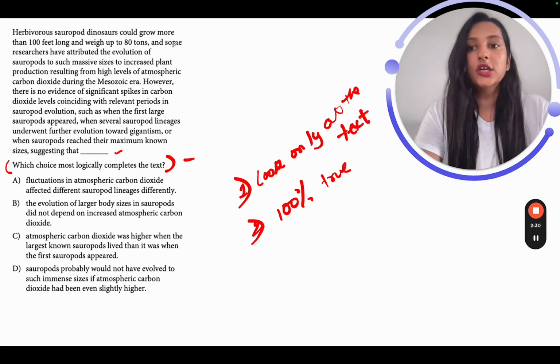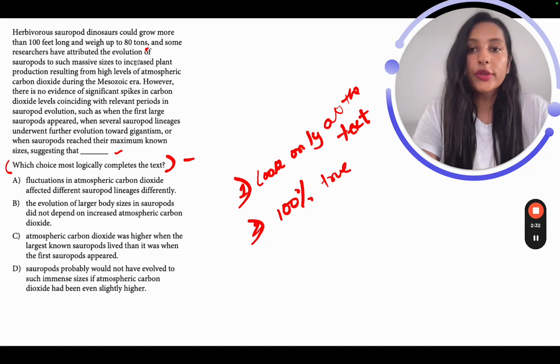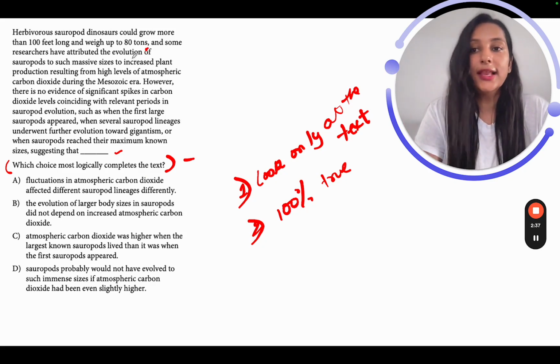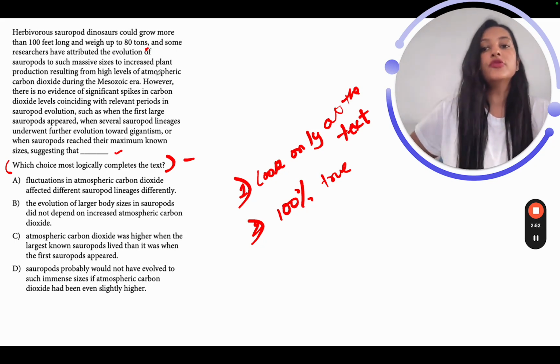Now, where do I break it down? So first of all, this comma over here, I can break it down over here. So what is it saying here? It's just telling me that these S dinosaurs could grow so long and it can weigh so much, right? Then the next part, some researchers have attributed the evolution of S to such massive sizes to increase plant production. So how did they really evolve to such massive sizes?